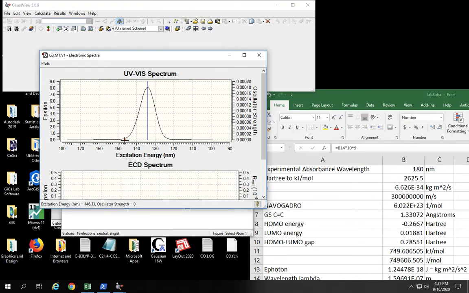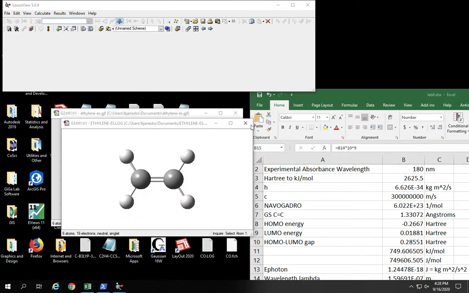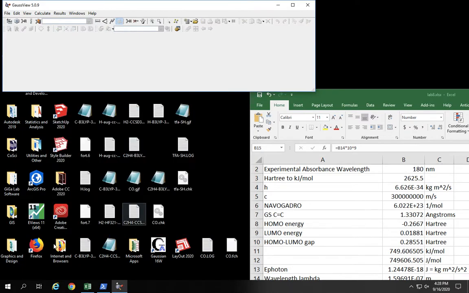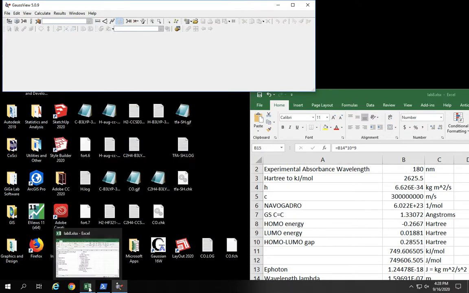So here's the peak. Here's a second peak. The second peak is modeled to be bigger than the first peak. But let's take a look at the log file to really understand this, because I have one at about 147 nanometers and one at about 135 nanometers, and let's see which of those we actually care about.